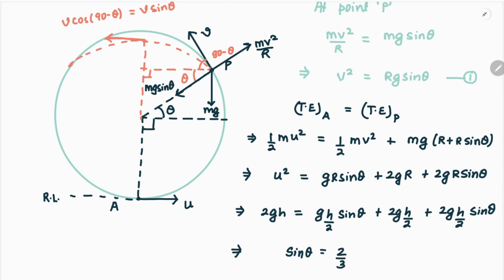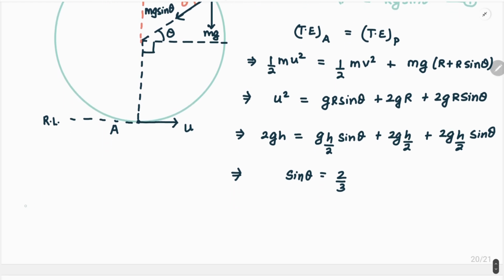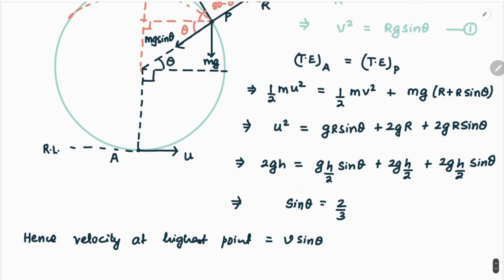So now the problem is asking us the velocity at the highest point. We have already discussed that velocity at the highest point is going to be v sin theta. So we write hence velocity at the highest point, which is going to be v sin theta. So for v, we put root over gr sin theta, where sin theta is equal to 2 by 3.